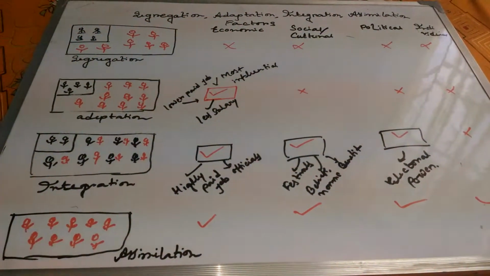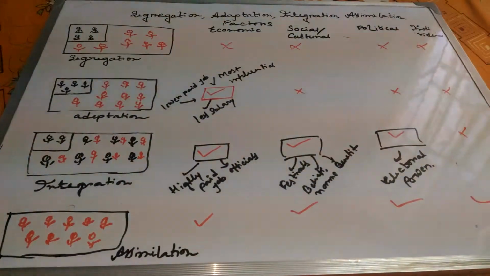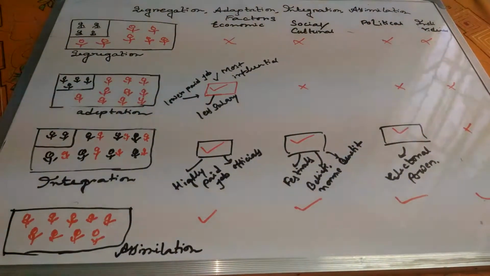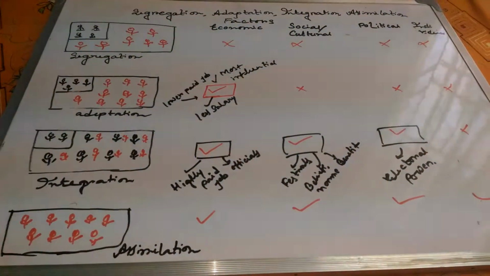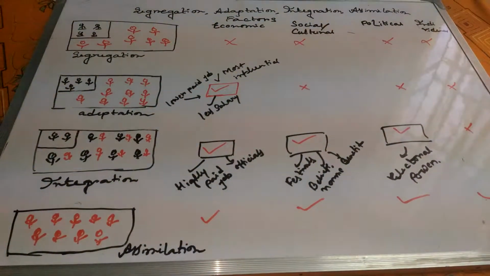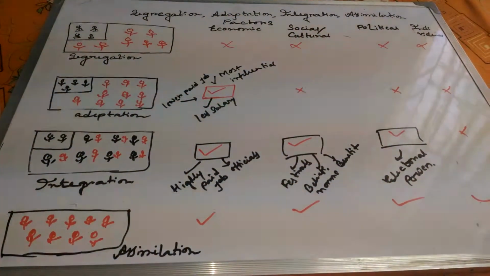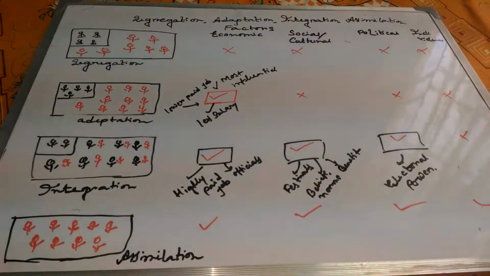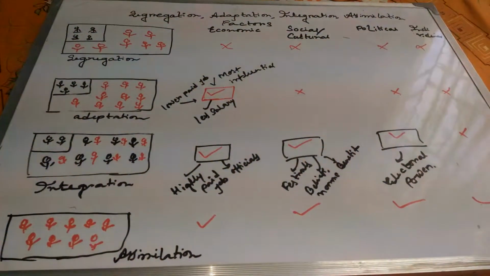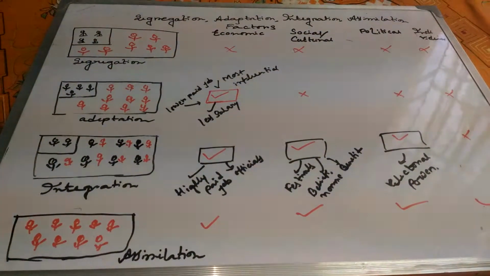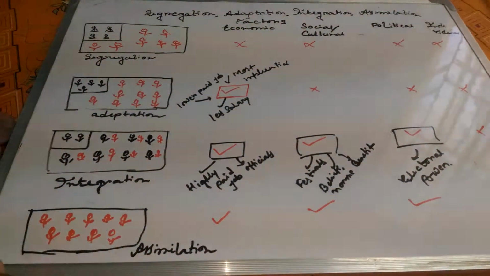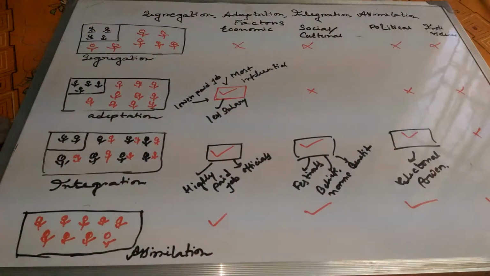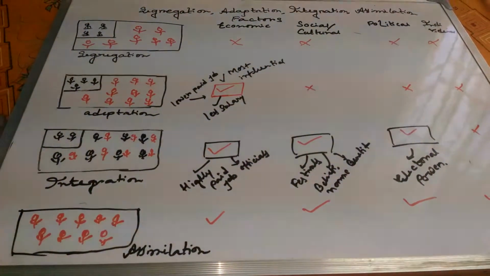But how these four factors work totally depends on the perception of the host people and the perception of the immigrant people, and sometimes the political and social scenario of the particular country. Like at the segregation stage, it is very common that the host people are afraid of the immigrants, and the immigrants are afraid of the host people, because they don't know how they will react to each other.